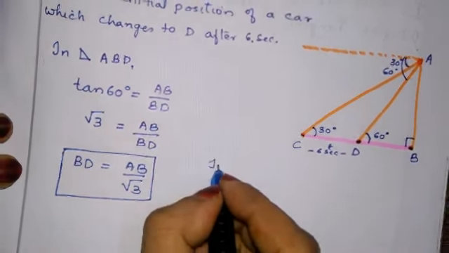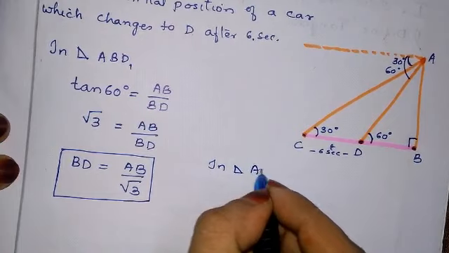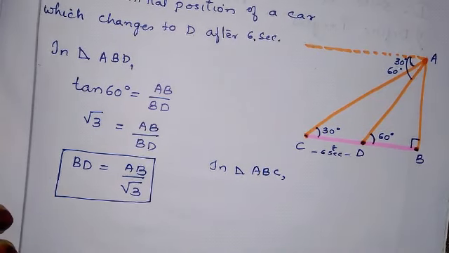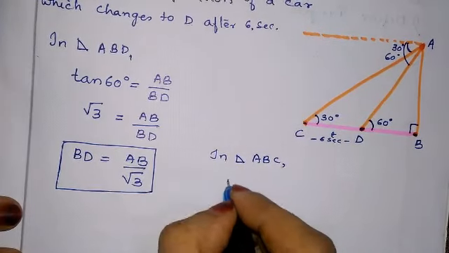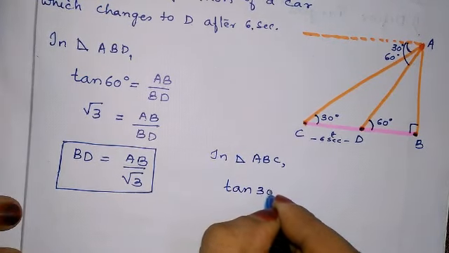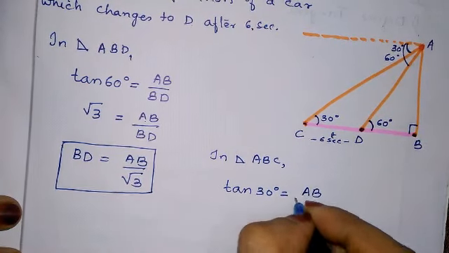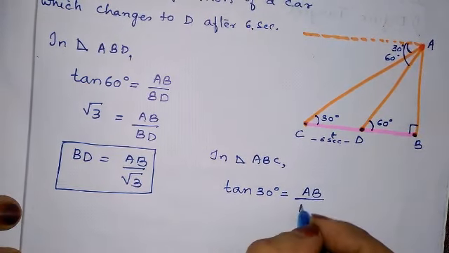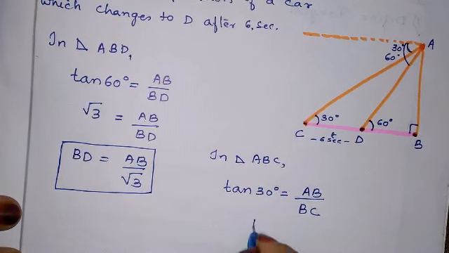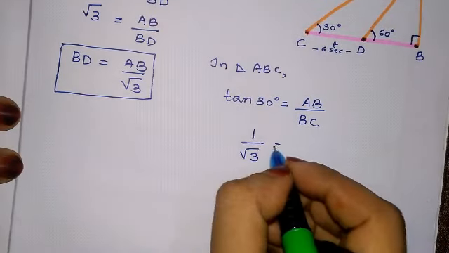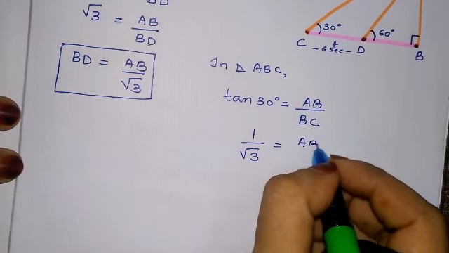Now, in triangle ABC, tan 30 degrees is equal to AB by full BC. Tan 30 is 1 upon root 3. AB, let us keep as it is.